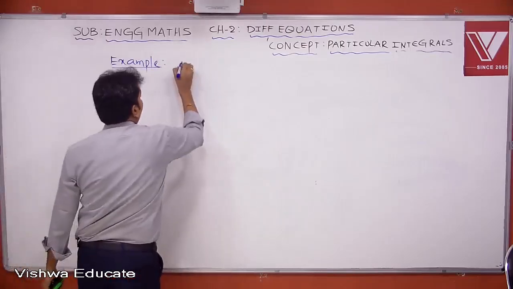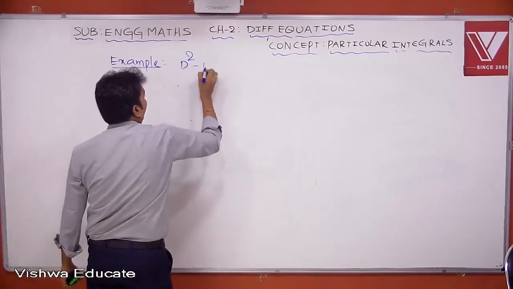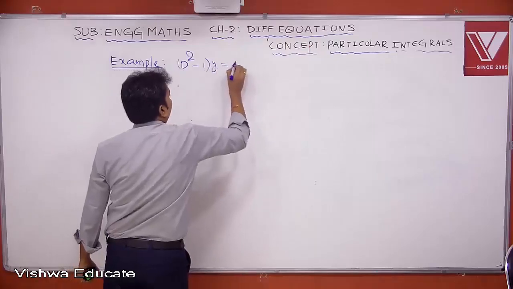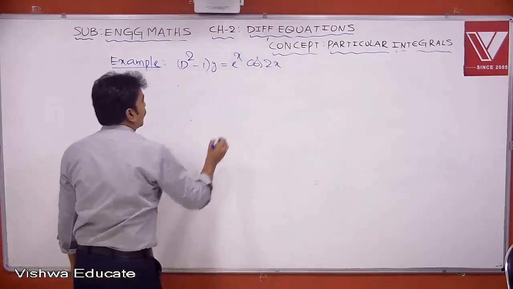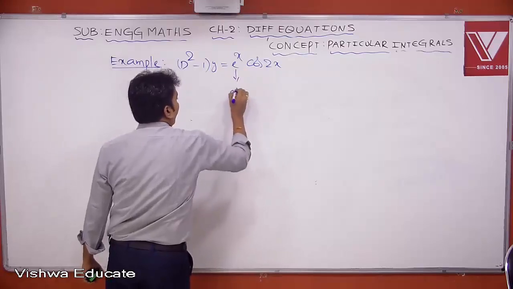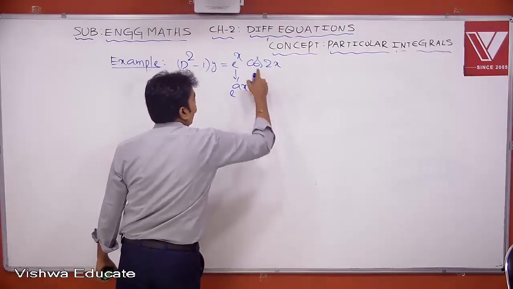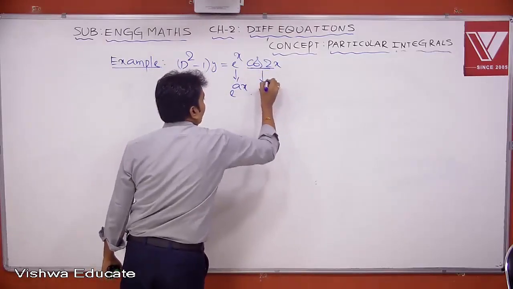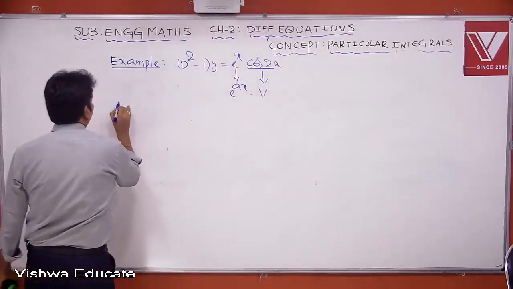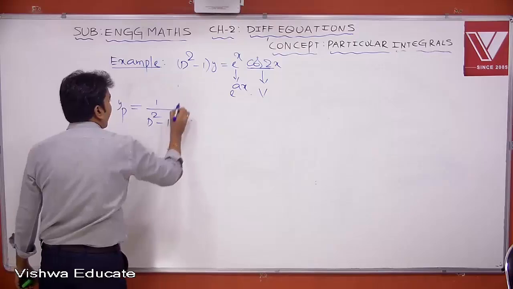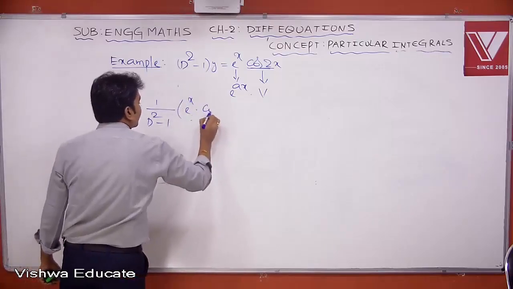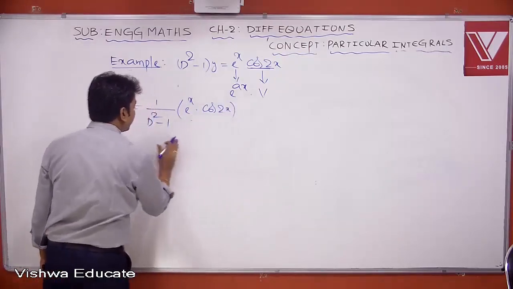Suppose I am considering the equation d square minus 1 of y equal to e power x into cos 2x. Now this is in the form e power ax into v. Here what is v? This v is nothing but cos 2x. Now let us try to find the yp value. Yp is 1 by d square minus 1 of e power x into cos 2x.